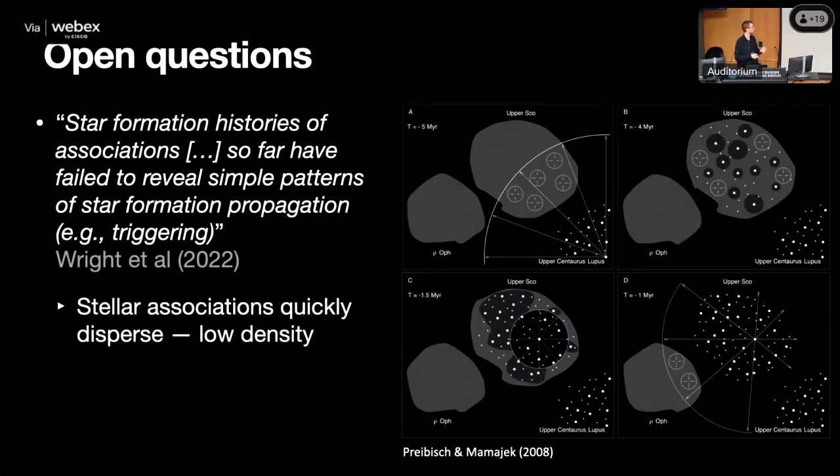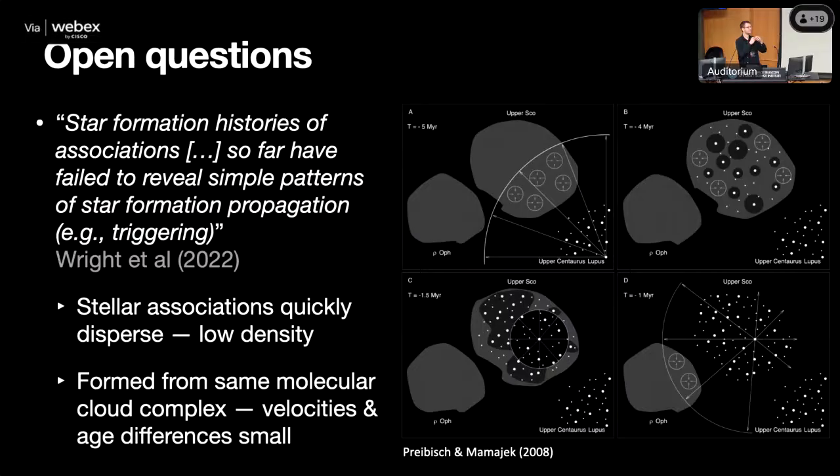I think one of the challenges is that disentangling these associations is quite tricky because they disperse quite rapidly. They are not bound groups, but are quite low density over the field background. And since they formed from the same molecular cloud complex, the velocity differences are also very small. So it's very tough to disentangle them using our clustering methods.